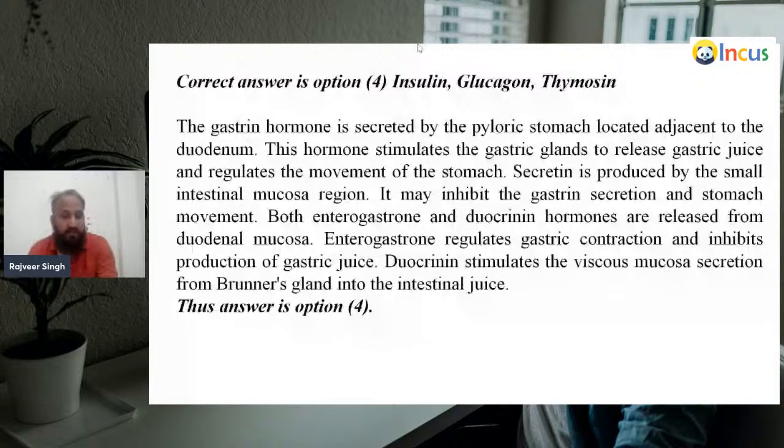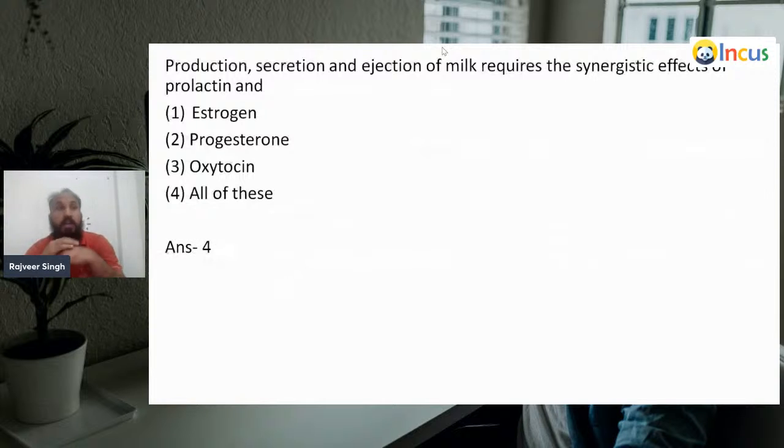Enterogastrone regulates gastric contraction and inhibits production of the gastric juice. Duocrinin stimulates the viscous mucosa secretion from Brunner glands into the intestinal juice. That is why our answer will be the fourth.